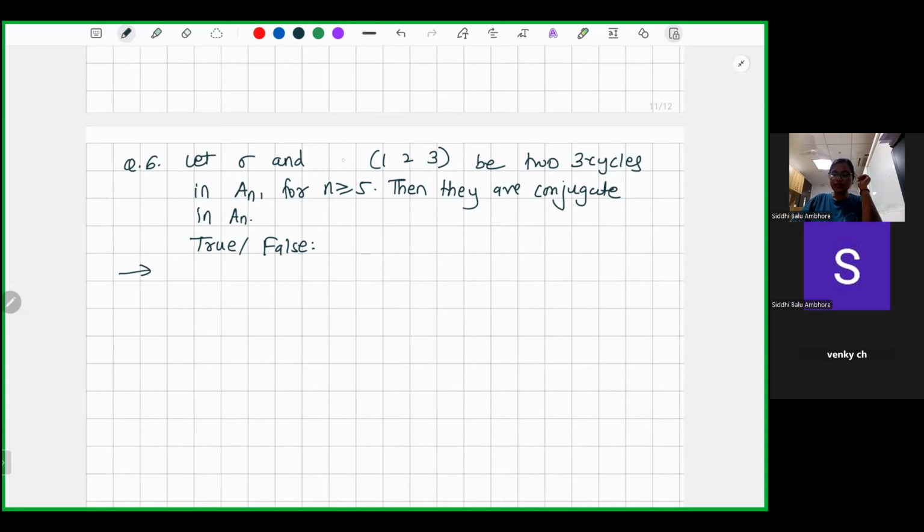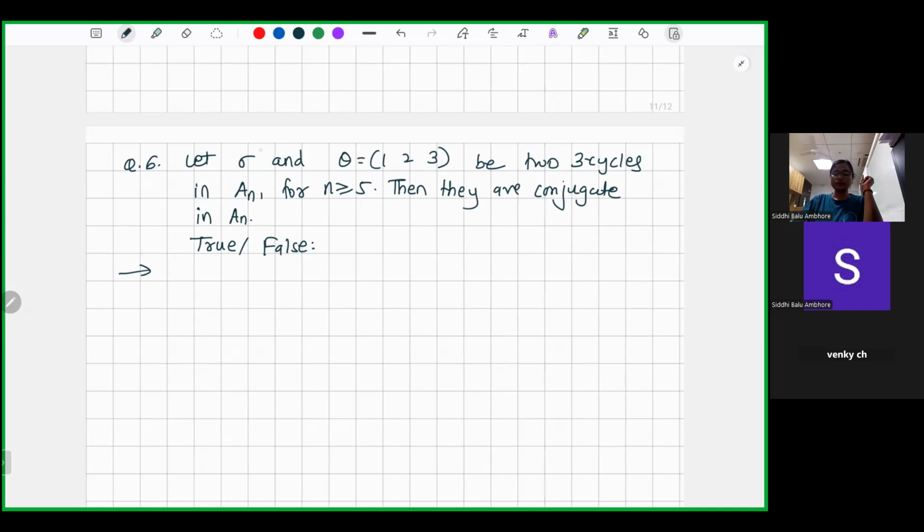So in general what we are saying here is that two 3-cycles in An are always conjugate of each other. We are fixing theta, and sigma is varying here. Conjugacy is a transitive relation, if you remember.